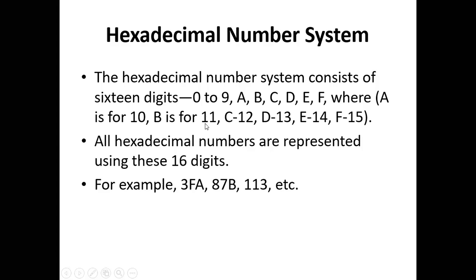Now, why can't we just represent them like this? For example, instead of putting F here and A here, why can't I just have 3, then 15, then 10? The challenge is that it will be difficult to tell that these two digits should be treated as one.